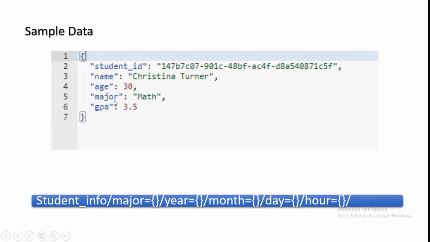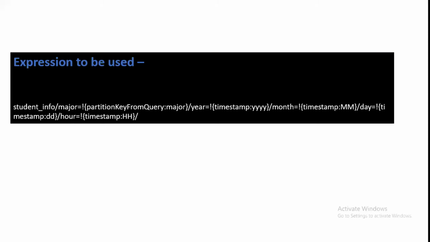But yes, as of now, we are going to partition the data based on the measure only. To partition the data, we need to use this kind of expression, where the first parent partition is student info, under which we have the second partition, measure, which we need to extract from the data itself.